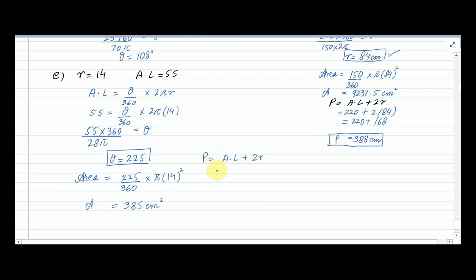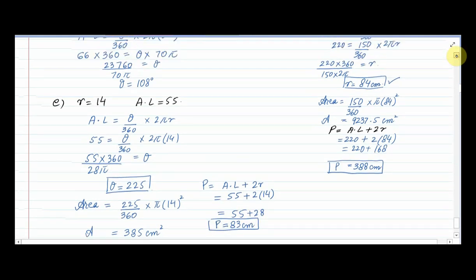times radius. The arc length is 55 plus 2 times 14. So 55 plus 28, right? It will be 83. So perimeter is 83 centimeter.